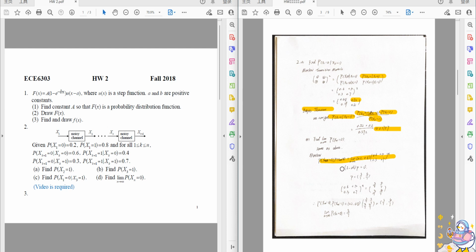And by the property of the nth power of a matrix, we can get the result is 3/7 and 4/7, and put them into this formula. We can get the final result is 3/7.